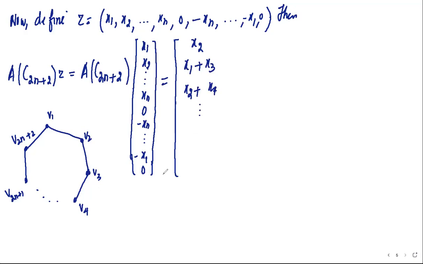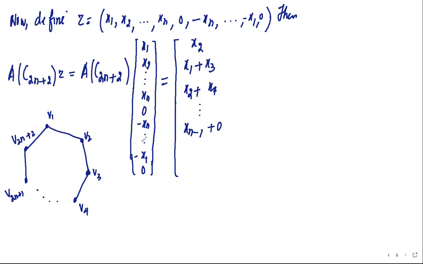And when we reach the nth stage, the nth row of this adjacency matrix will be multiplied, giving xn minus 1 plus 0. So this is the multiplication of the nth row of the adjacency matrix with this column vector.